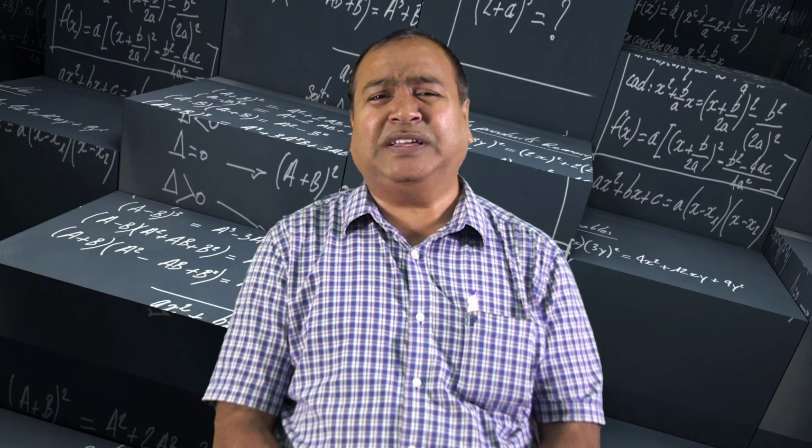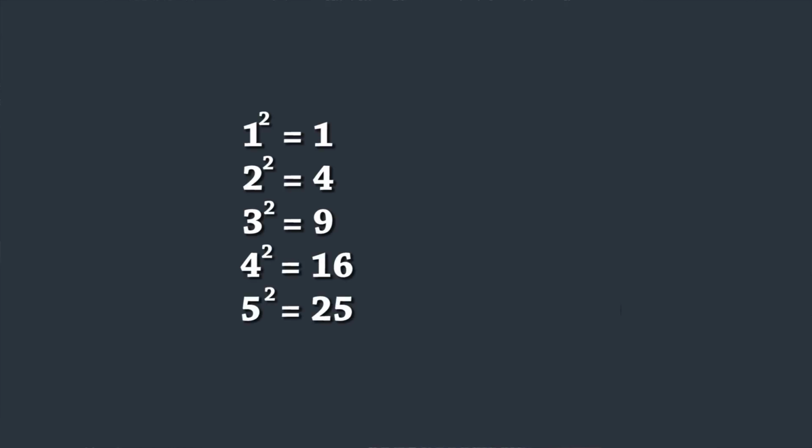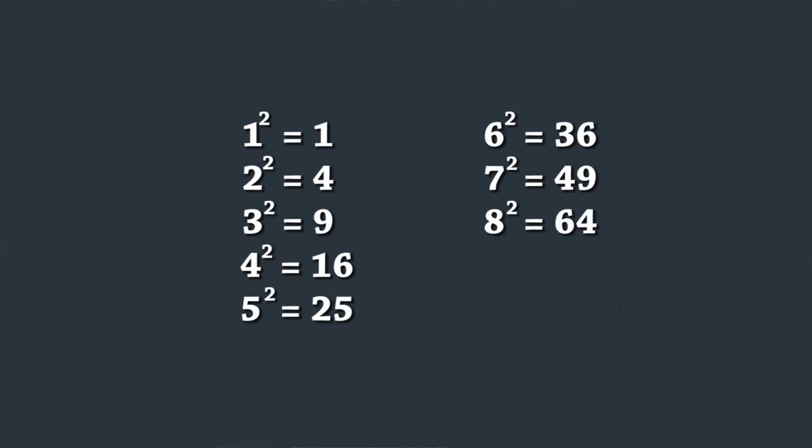Let us list these squares as follows. 1 square is equal to 1, 2 square is equal to 4, 3 square is equal to 9, 4 square is equal to 16, 5 square is equal to 25, 6 square is equal to 36, 7 square is equal to 49, 8 square is equal to 64, 9 square is equal to 81, 10 square is equal to 100.